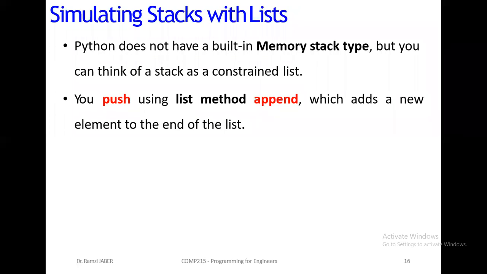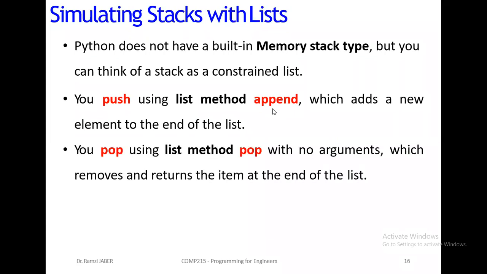When you initialize a variable, you add it inside memory. So this is called push, which adds a new element to the end of the list. But in Python we don't have push; we have the append method.